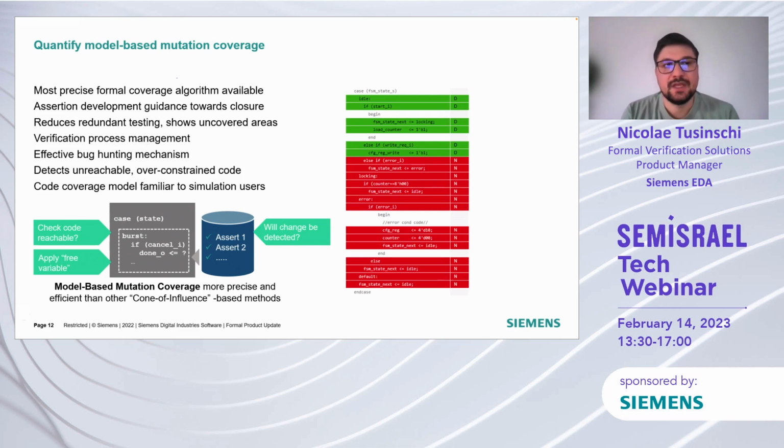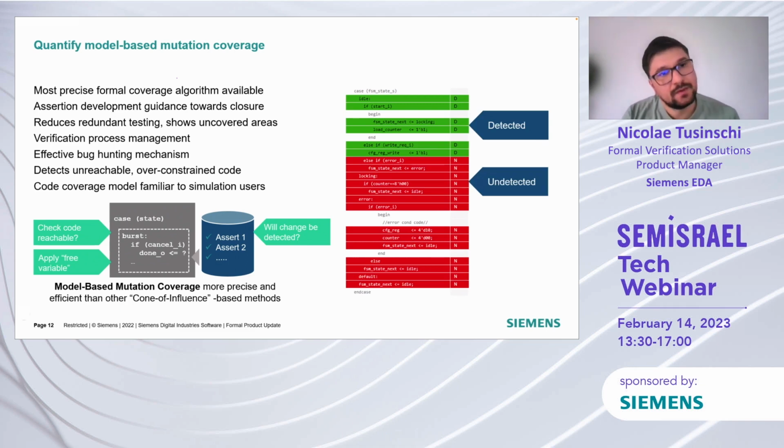It helps to reduce redundant testing. It shows where the test bench has gaps, and also provides feedback in terms of annotated code where you can see what is detected and what is not detected. But model-based mutation coverage is not the topic of the current talk. So just for your information, this is an alternative to assess how good a test bench is.